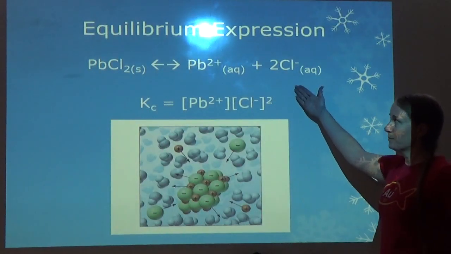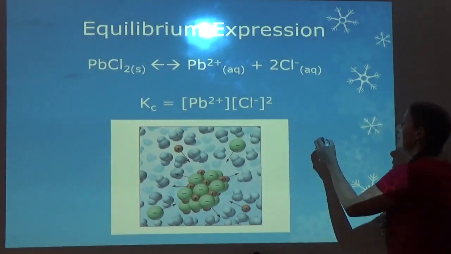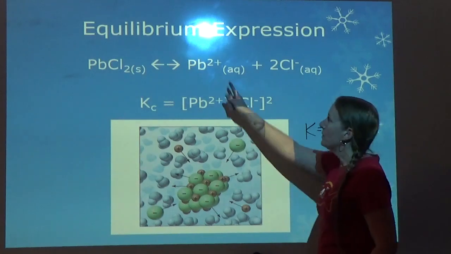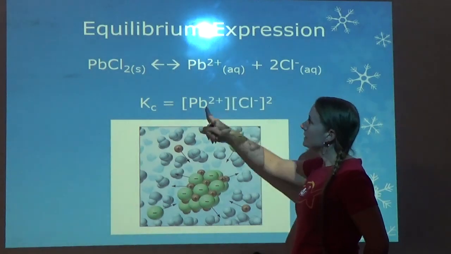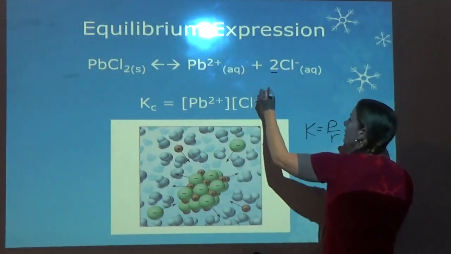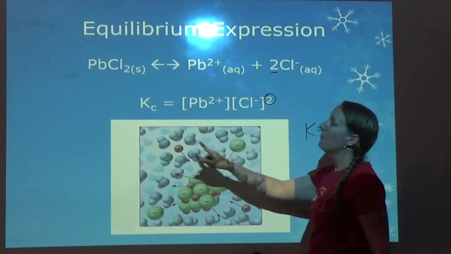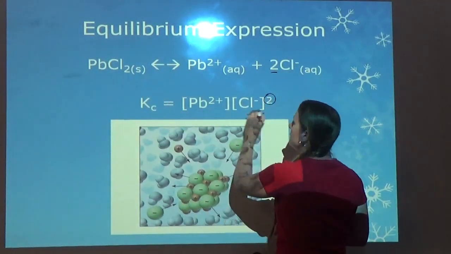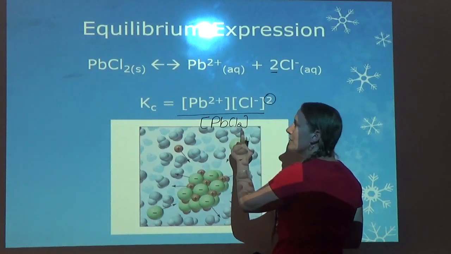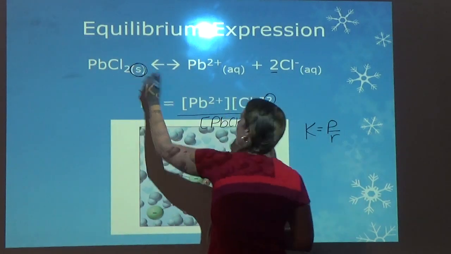So here, for example, K, again, is always just products over reactants. All right, so I put my Pb, because it's aqueous. I put my Cl, because it's aqueous, but I'm going to square it because of the 2. But the PbCl2, which would normally go on bottom, is a solid.